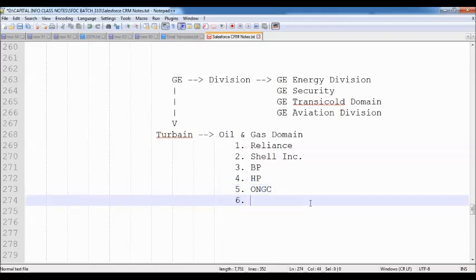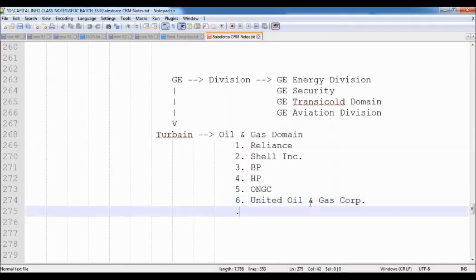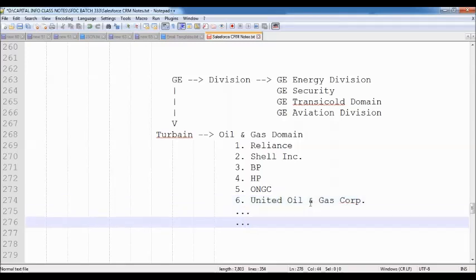And then we have United Oil and Gas Corporation. Like that, we have so many organizations like Reliance, Shell, Bharat Petroleum, Hindustan Petroleum, ONGC, and United Oil and Gas Corporation.